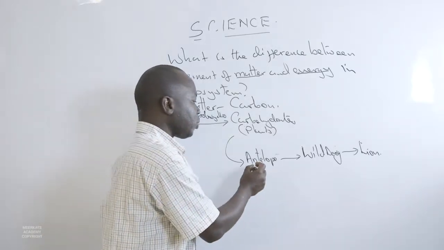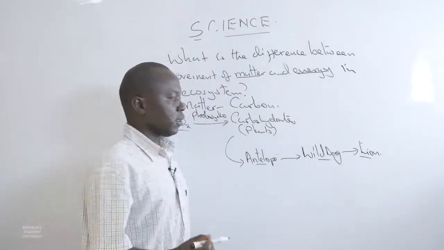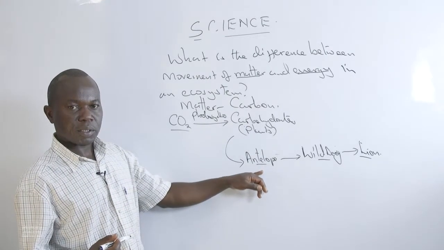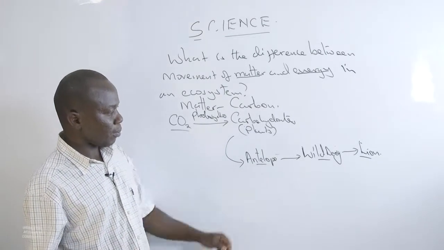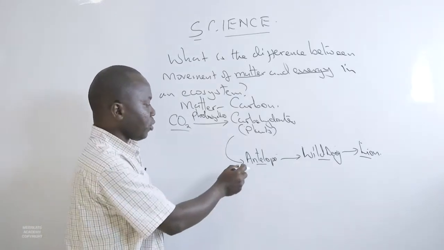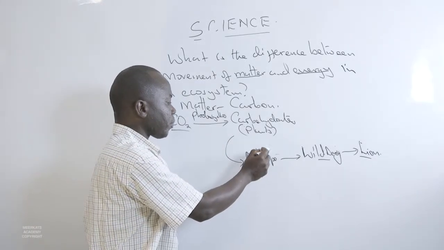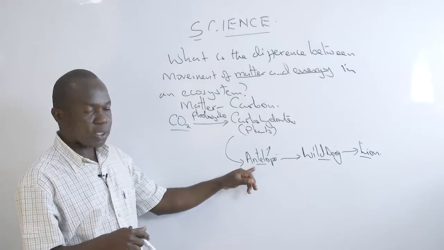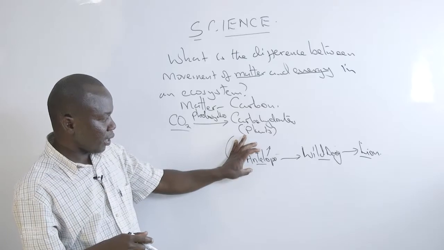But when each one of these dies, they are going to decompose by use of decomposing microorganisms. Decomposition is a respiratory process. Respiration is taking place to decompose the antelope.